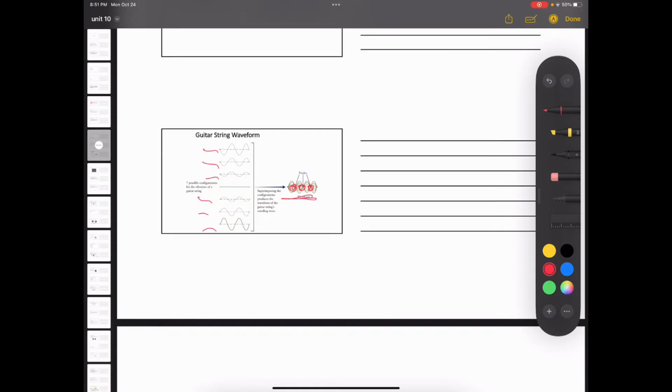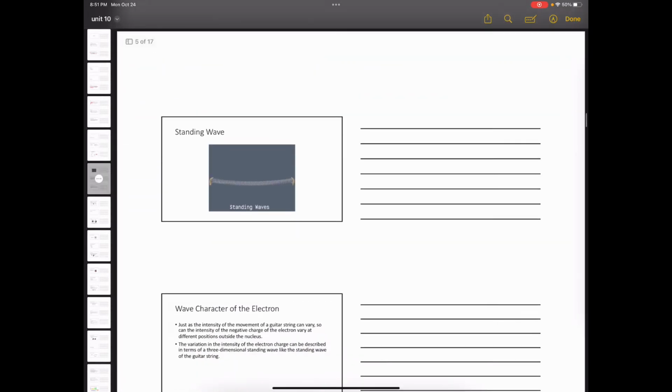The last thing I would like you to be familiar with is the concept of a stationary waveform. If you were to take all these seven configuration possibilities for these waveforms and superimpose them on top of each other, it will seem as if the string is not moving. The string itself might seem not to be moving, but the waveform is still generated, and that's what we call a stationary or standing wave.